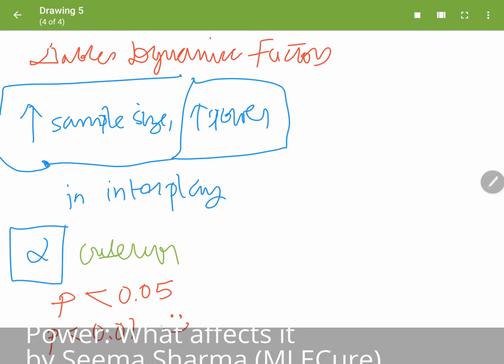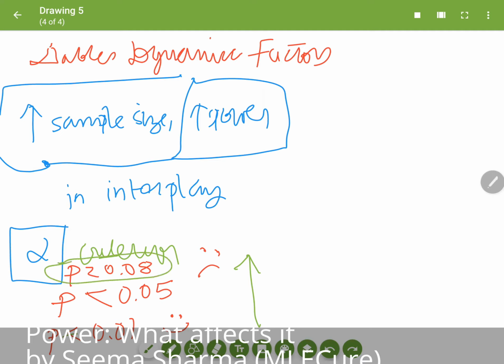We're happy with that. But if we see a study with P less than 0.08, we are very unhappy with that. But it turns out that power increases this way. So all things being equal, a study with a p-value of 0.08 is going to have a greater power, and I'm going to explain why now.